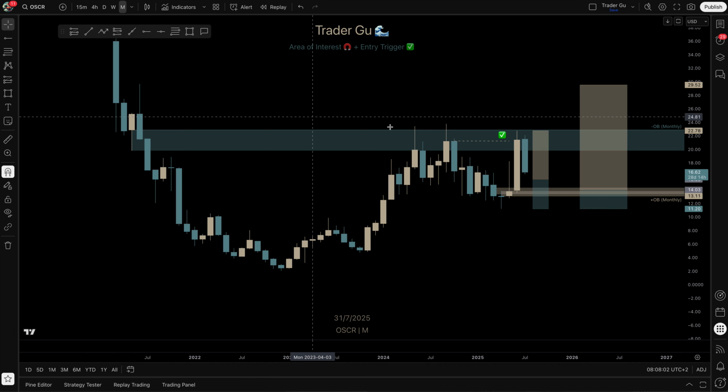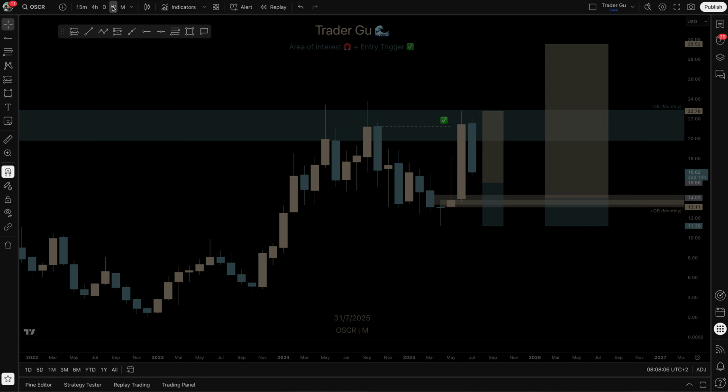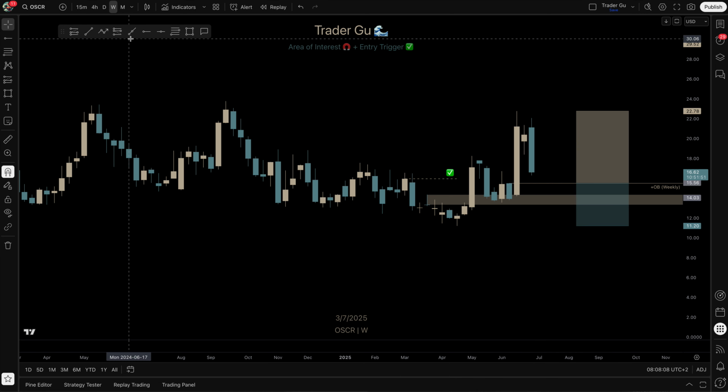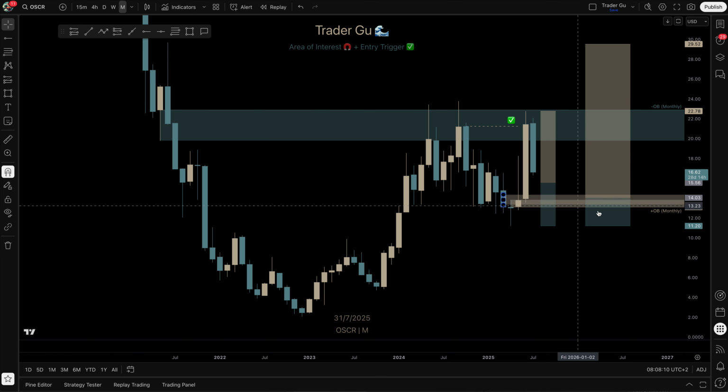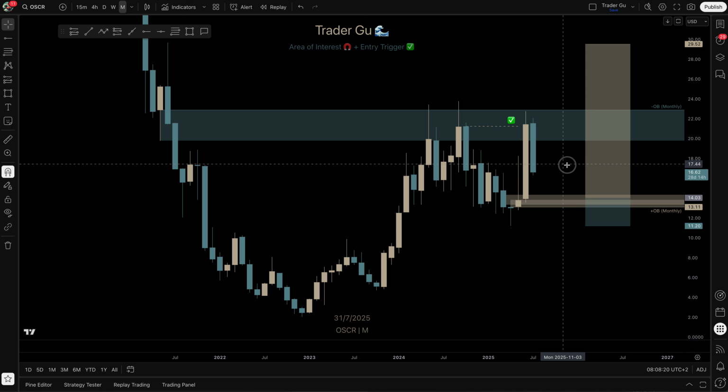We have not been on the market for too long, but I do think this is interesting, and I will for sure consider taking a position if we are retracing all the way to my monthly bullish order block area of interest to trade.